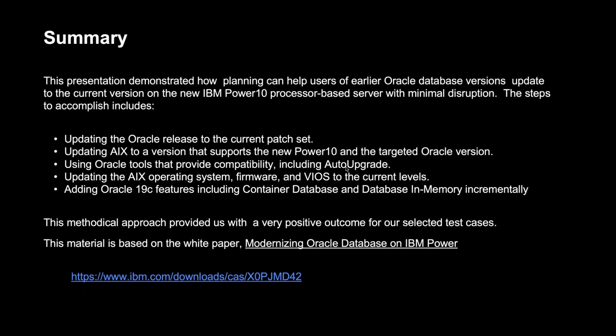But again, be methodical in your approach to doing upgrades. If I could share one experience, when I see too many jumps being done at one time, customers are often getting into problems. And again, this material is based on our white paper, Modernizing Oracle Database on IBM Power. I attached a link where you can find it on the IBM website.